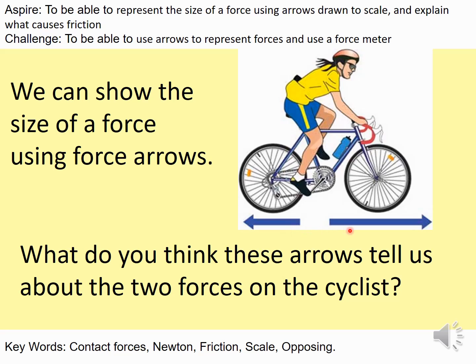I hope that you're thinking that the person would be traveling at a constant speed, because the push force of the cyclist using the legs and the friction force of wind resistance would be the same, so therefore their speed would be constant. Now, we can use these diagrams repeatedly in this topic, and you're going to be doing that in future presentations that we cover.